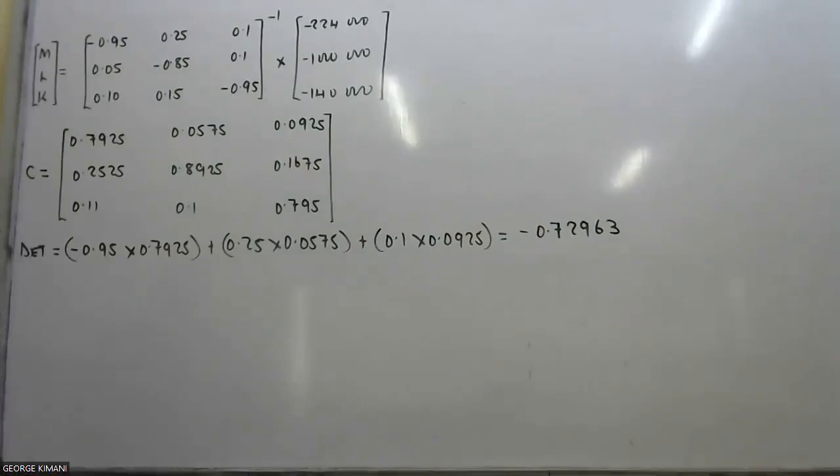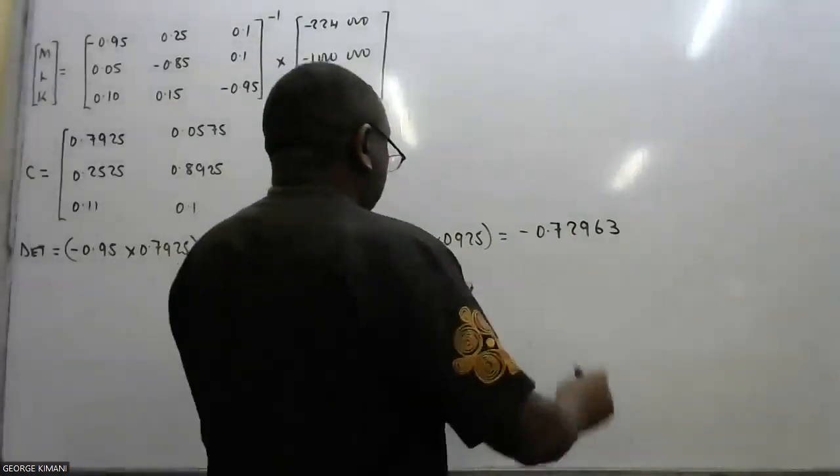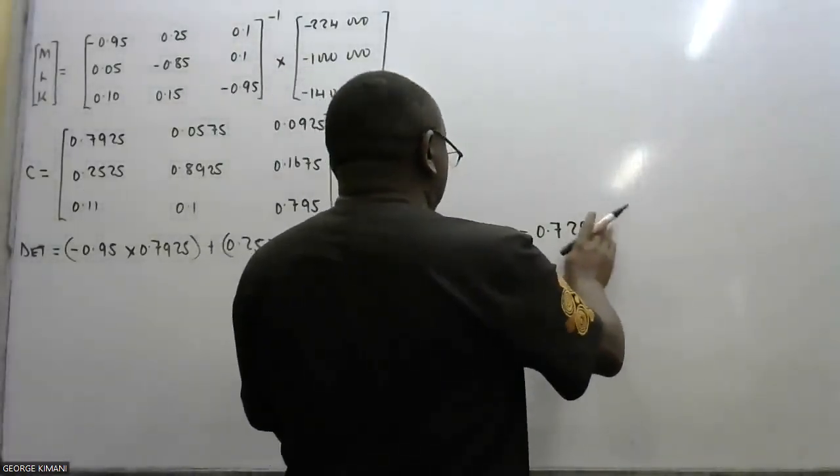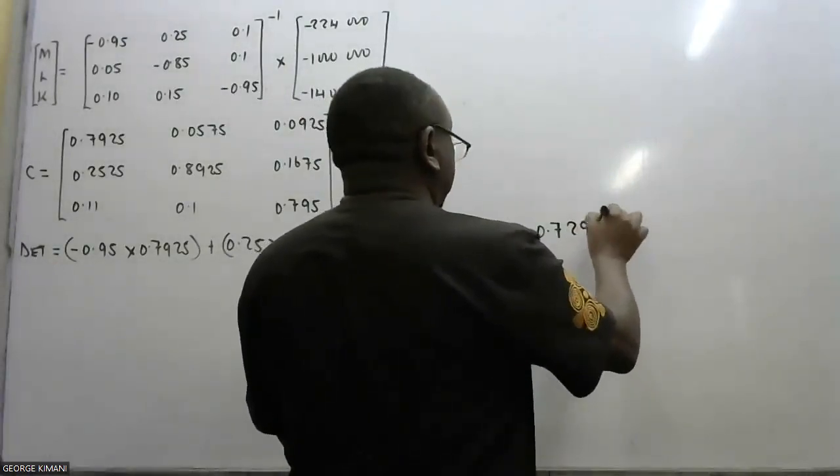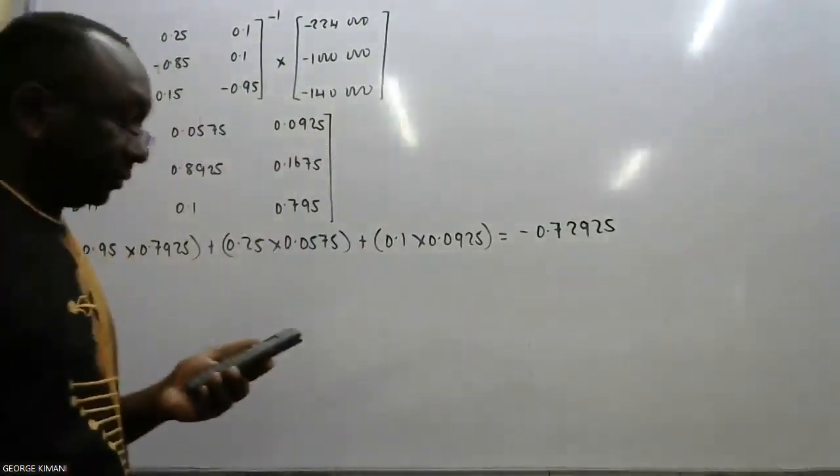I disagree. It should be minus 0.95 times 0.7925 plus 0.25 times 0.0575 plus 0.1 times 0.0925 equals negative 0.72925.